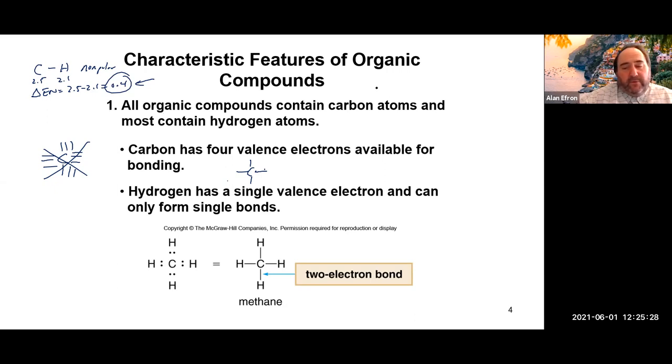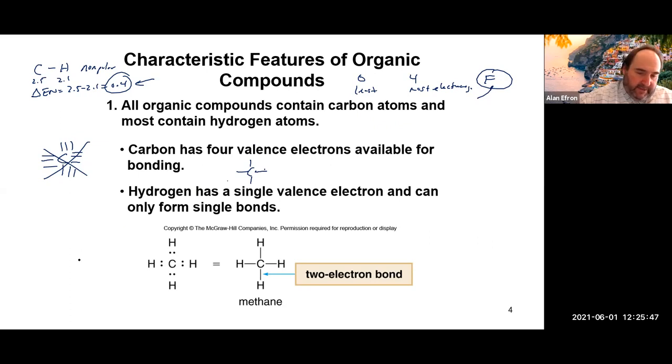That's using the Pauling scale of 0 to 4, where 0 is the least electronegative and 4 is the most electronegative. And if you remember, fluorine is the most electronegative element, with a value of 4.